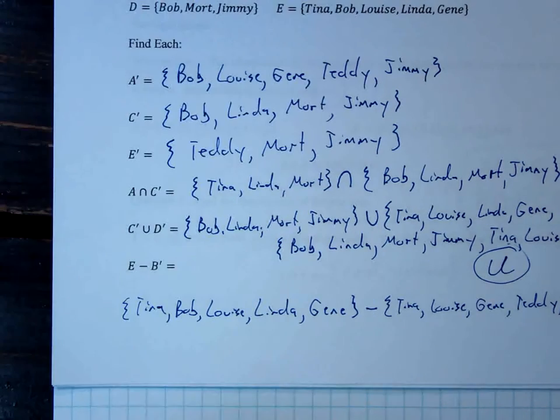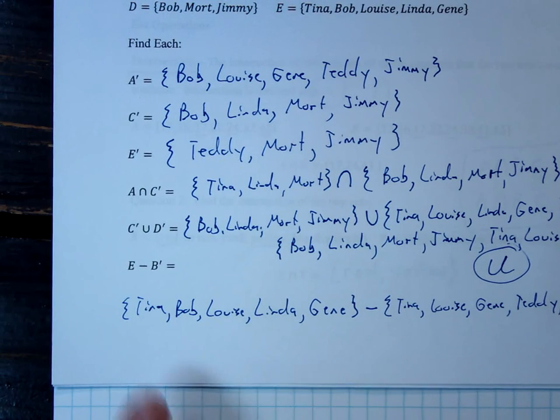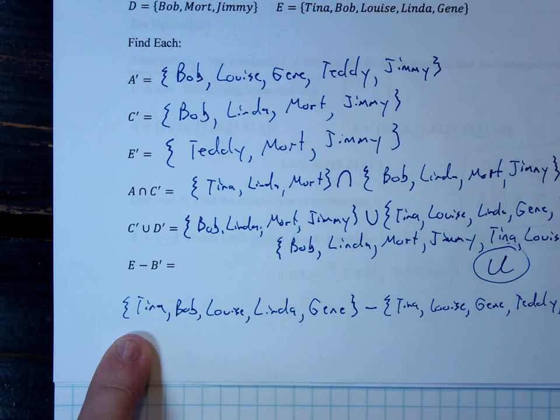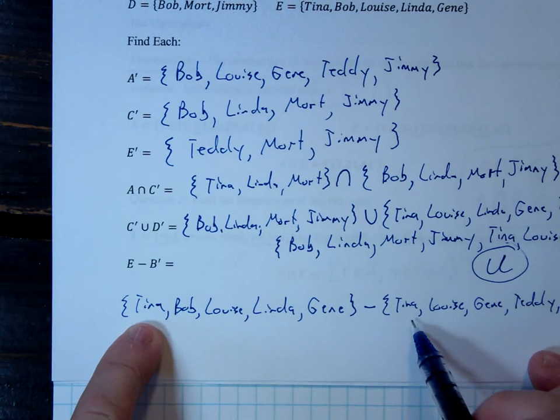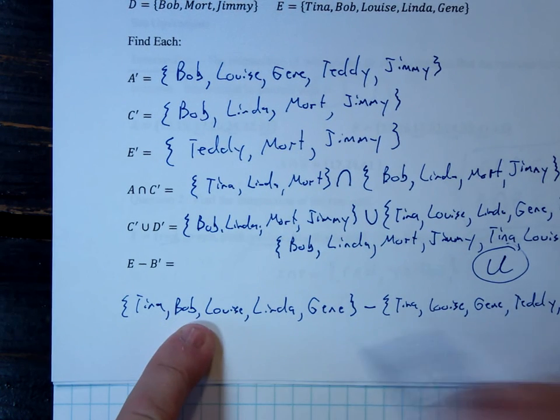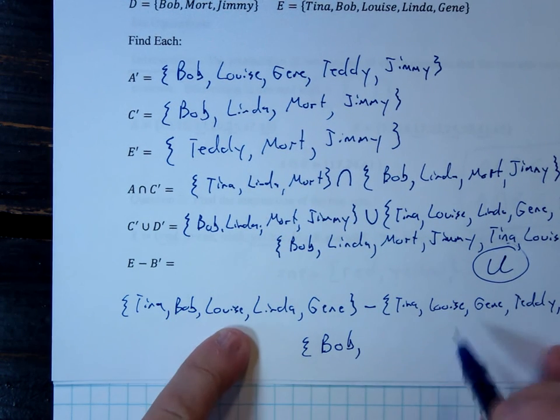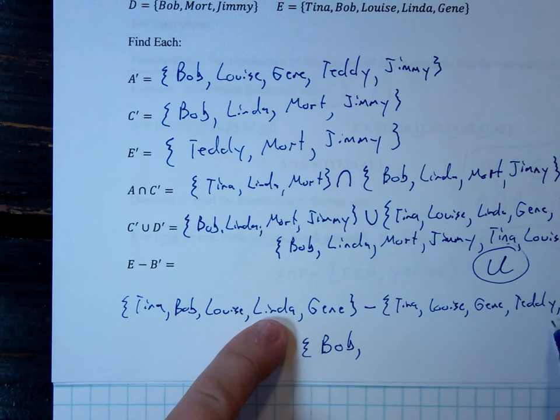So E minus B prime is taking everything in E, and if it's in B prime, or the complement of B, it gets taken out. So Tina would be subtracted out. Bob is not in B prime, so he stays. Louise is in B prime. Linda's not, so Linda.